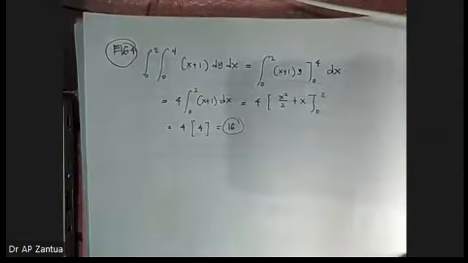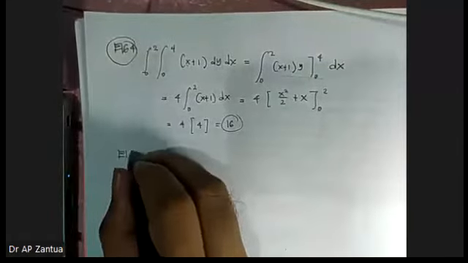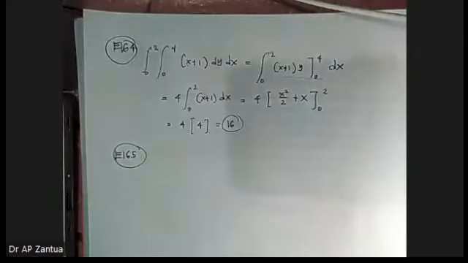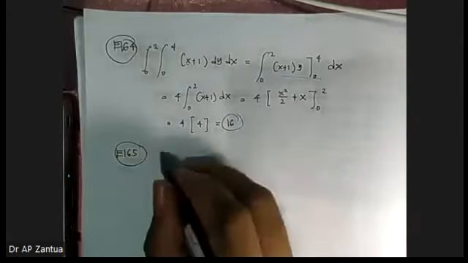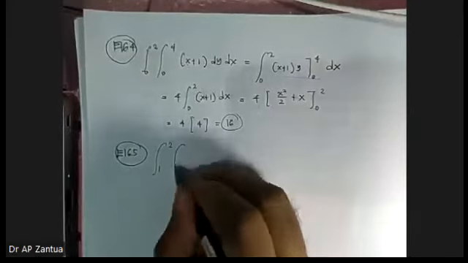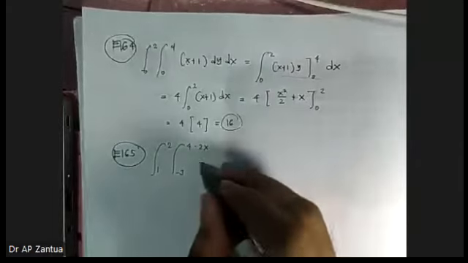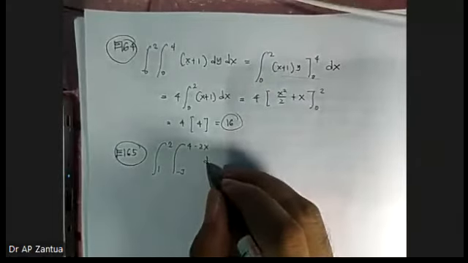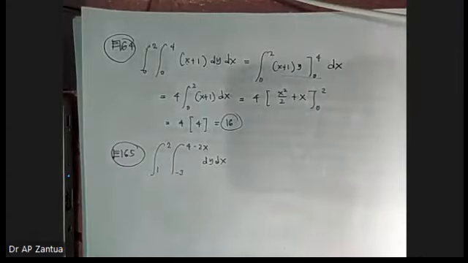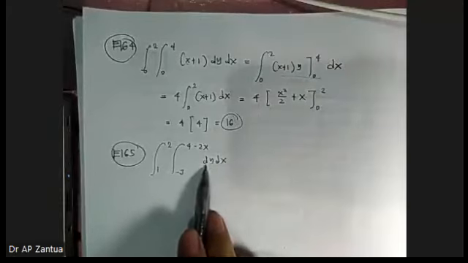Okay. So next problem. Let's go to example 165. Integral 1 to 2, from negative 3 to 4 minus 2x, dy dx. Okay. So when you're integrating dy dx, we first integrate with respect to y.